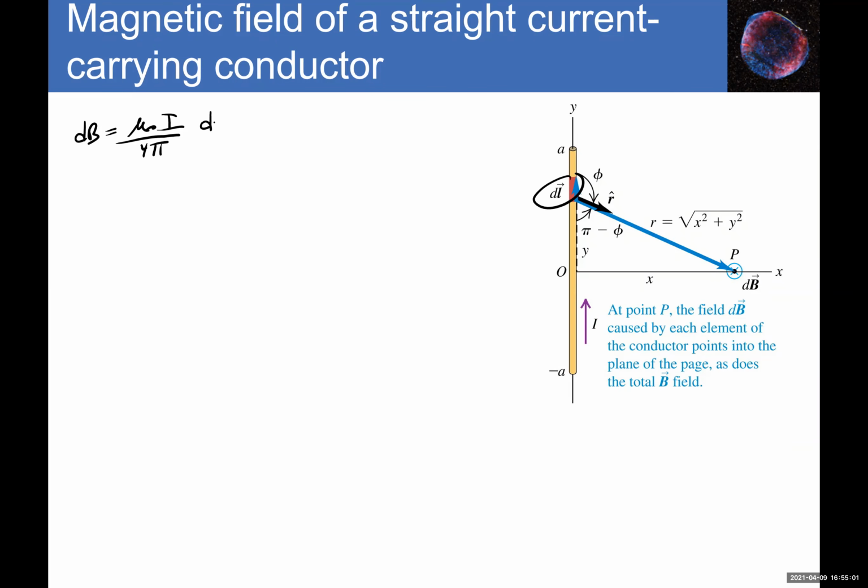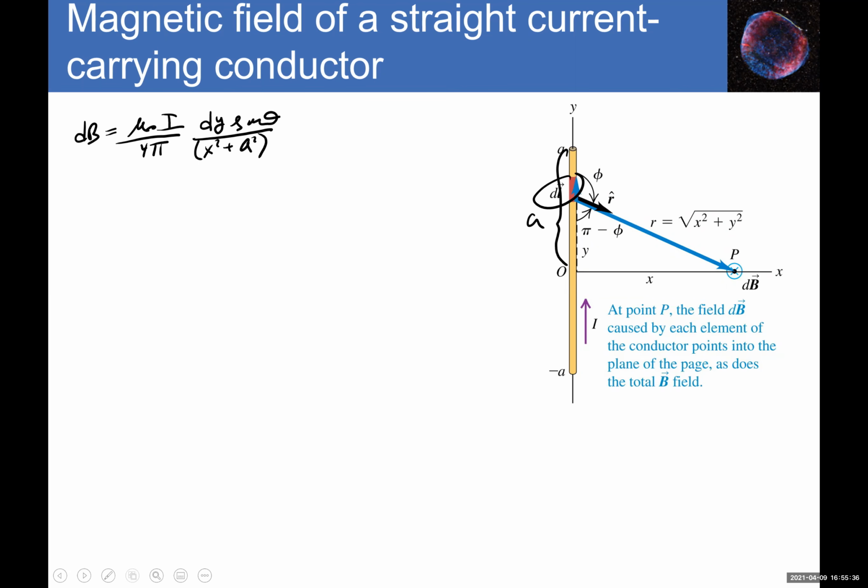So I can say just dy, and then sine of theta divided by r squared, which I can write in terms of x squared plus y squared. So that's my r squared. Sorry, that's not y but a squared, because this distance we just take to be a. It's along the y-axis, but it's still given in terms of a.